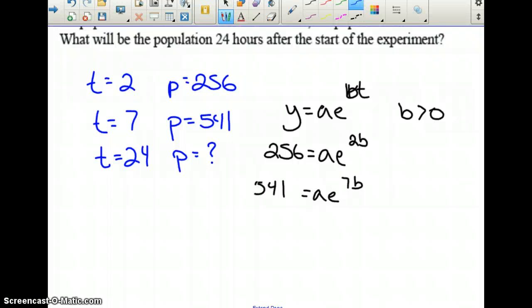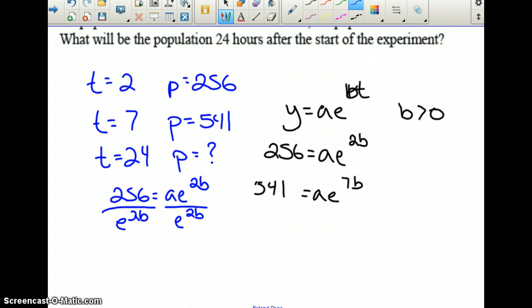So, I'm going to solve the first one for A. 256 equals a e to the 2b. Divide both sides by e to the 2b. And you could write this as a equals 256 e to the negative 2b because of exponent rules. Now we're going to replace that in the other equation.